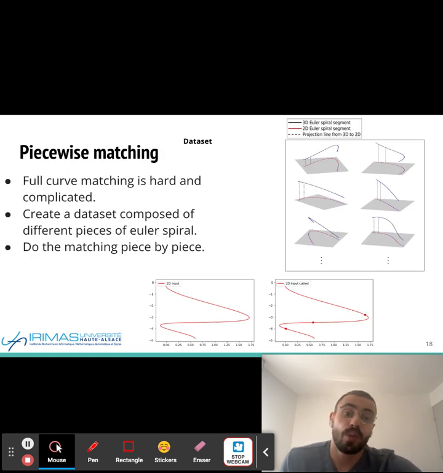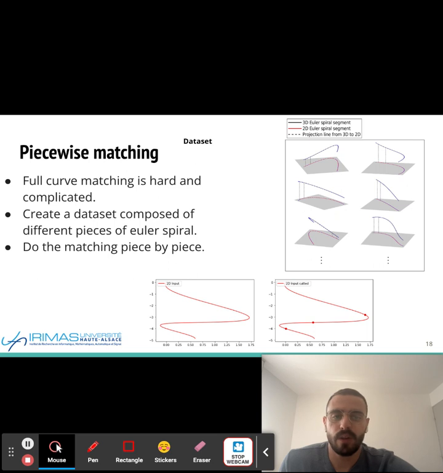So instead of doing the typical curve matching that will take a lot of time, we thought of creating a dataset that contains different shapes and pieces of Euler spiral. And we can use this dataset in order to do the matching. As you can see here, the pieces are small because a full matching of the curve would be hard and complicated, since we cannot know how long the curve could be.